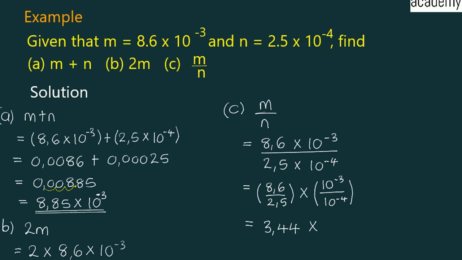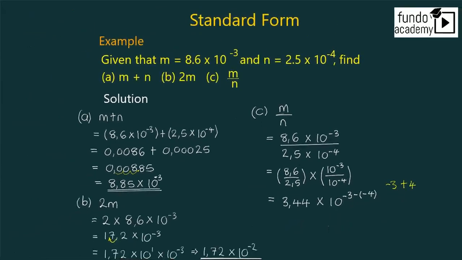When we are dividing and we have the same base, we'll be subtracting the powers, so it will be 10 to the power of minus 3 minus minus 4, and minus minus gives us a plus, so it's like we have got minus 3 plus 4, and minus 3 plus 4 gives us 1 for the power. So it's 3.44 times 10 to the power of 1, and that is the solution to part C.